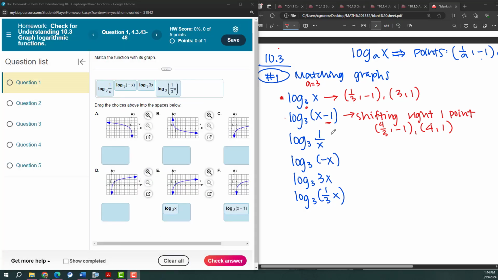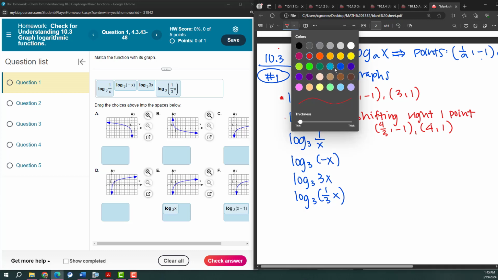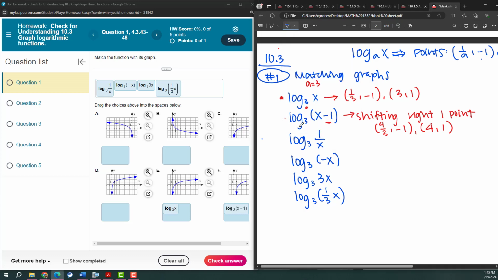The next one we're going to look at is log of 3, 1 over x. It's going to be helpful to rearrange so we can see what exactly is going on. Whenever you have 1 over x, the x that is in the bottom can be rewritten as log base 3 of x to the -1 power.